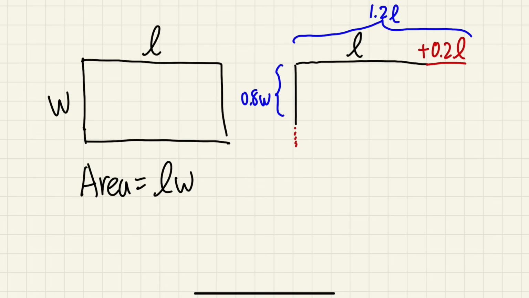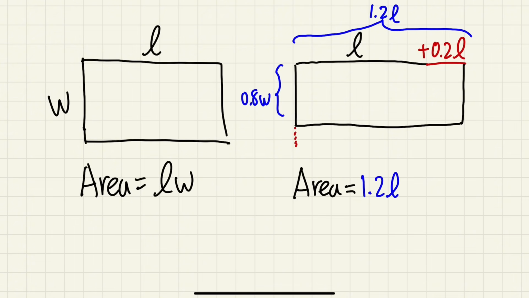So if we finish this rectangle, the area will be 1.2L times 0.8W. As you can see, when we multiply this out, we work out the numbers first, 1.2 times 0.8, we get 0.96. And then we just multiply the variables.